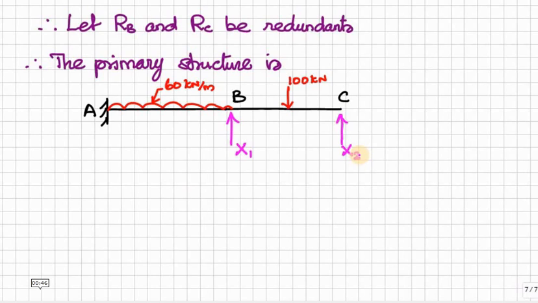So the next step is to assign some coordinate numbers starting from 1 to the points where we remove the redundant reactions.